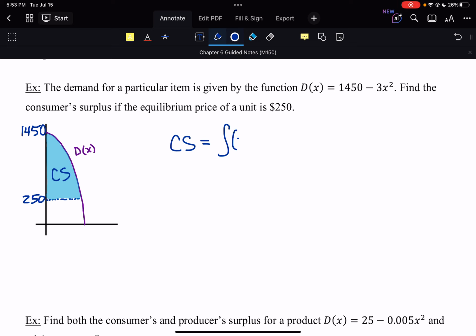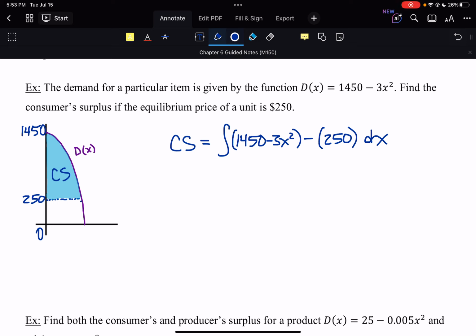So we're going to have 1450 minus 3x squared minus 250 for the line. Now for the bounds, of course, it's going to start at 0 on the left-hand side. But the issue is it's not going to go all the way to where this function hits the x-axis.